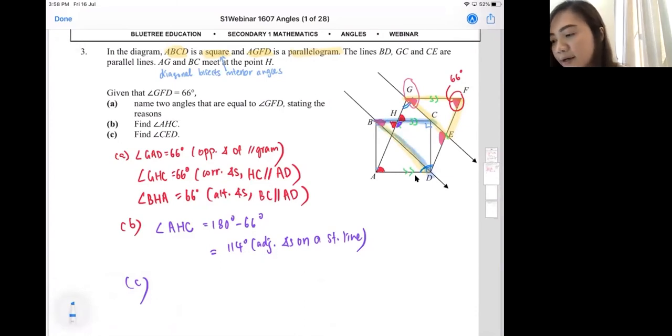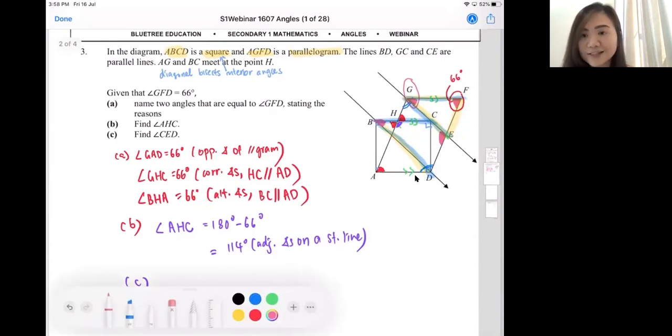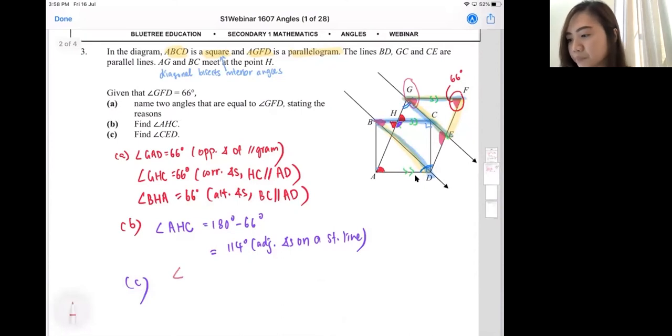When we look at the other angle here, EGF, it is also between the line GF, which is parallel to BC, and GE, which is parallel to BD. So these two angles are equal, as they take the same relative position with respect to the parallel lines. Therefore, this angle EGF has to be equal to 45 degrees as well.